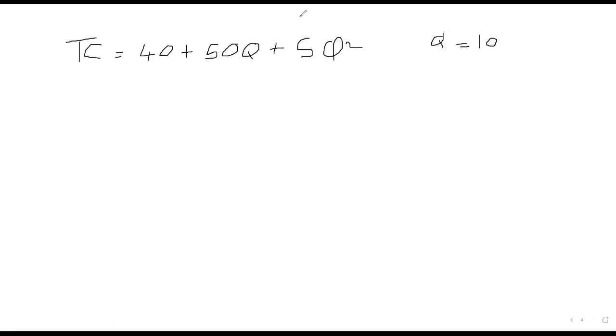Okay, so what becomes our total fixed cost from here, from what we discussed so far? What is our fixed cost here? Our fixed cost is 40. And what becomes our average fixed cost?